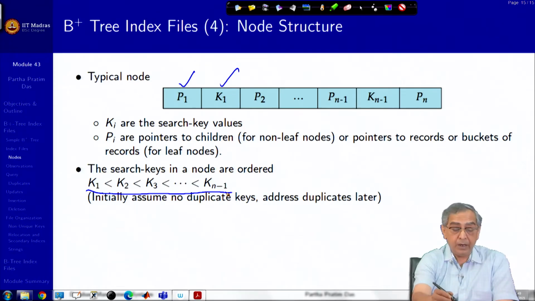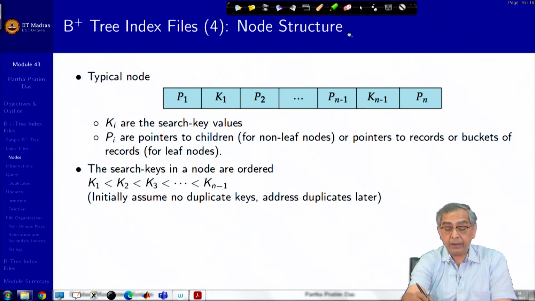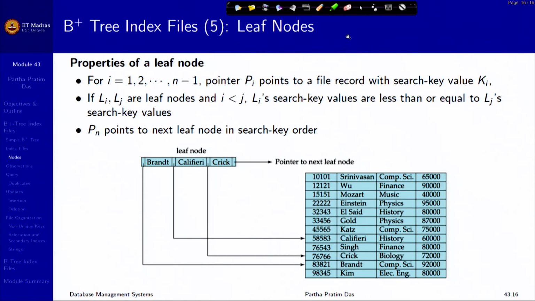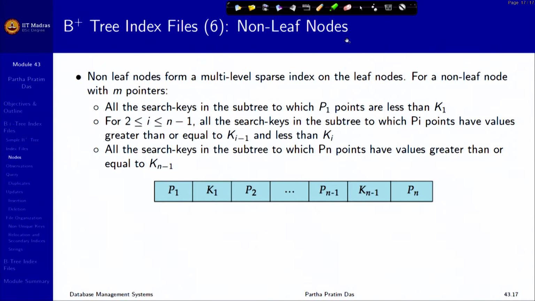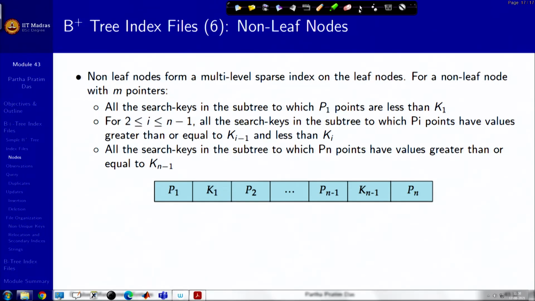In a leaf node, other than the key, you will have pointers to the data, and the pointer to the next leaf node. We have already seen this; these are just more detailed illustrations. In a non leaf node you will just have the keys and the pointers to other nodes.